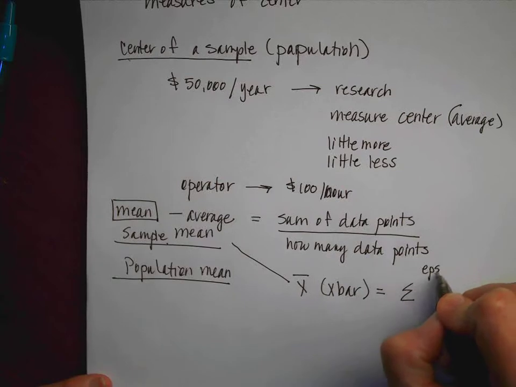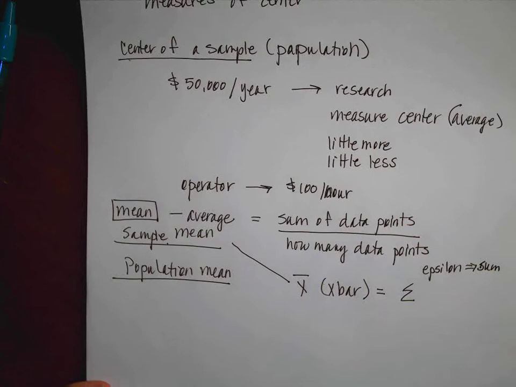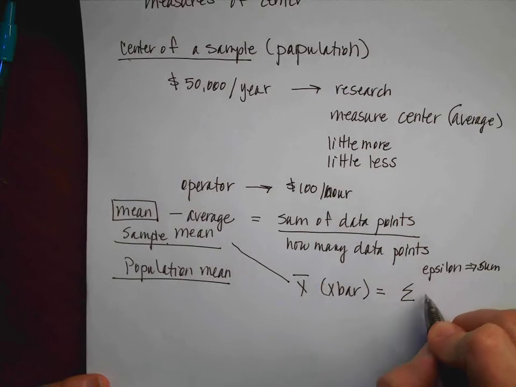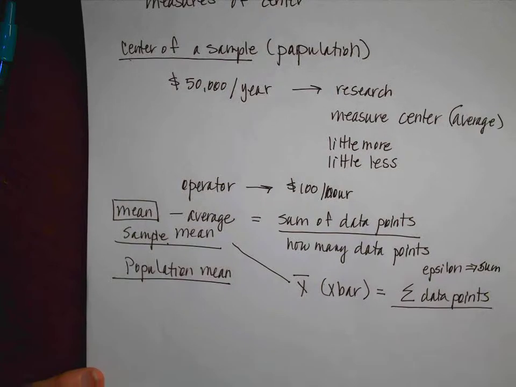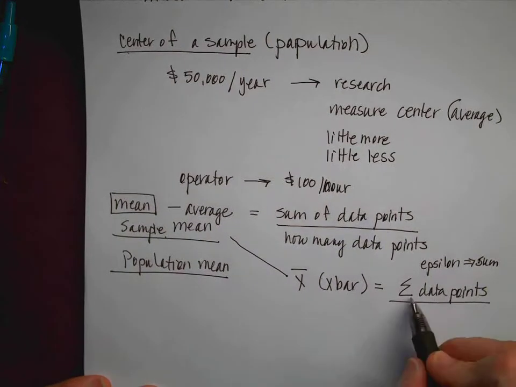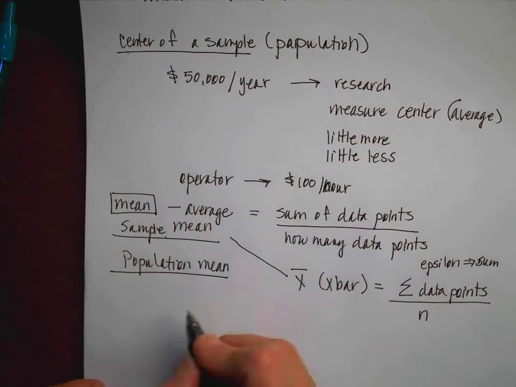This is the Greek letter sigma, and all it does is mean sum. So it's shorthand for writing sum. So I'm going to sum all of my data points. Sometimes math equations look really scary, but once you understand what the Greek letter means, then it's not a big deal. Divided by how many, and remember for a sample, that is little n.